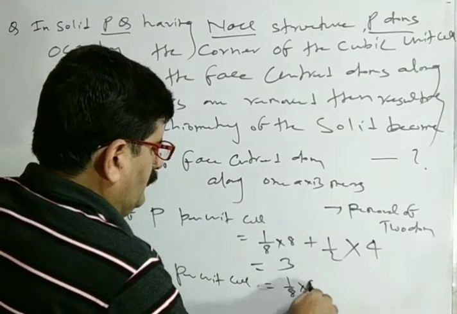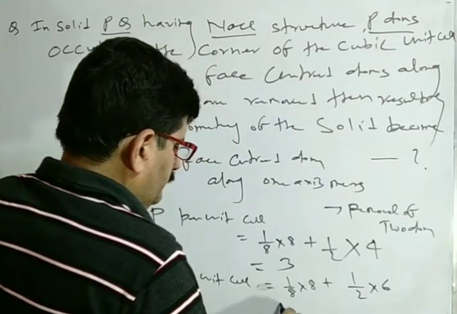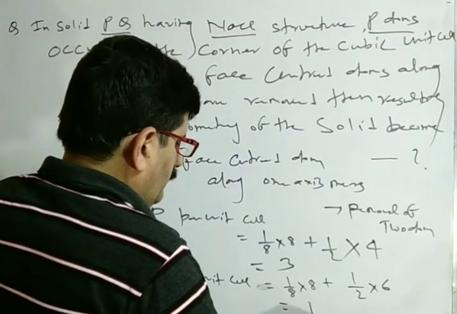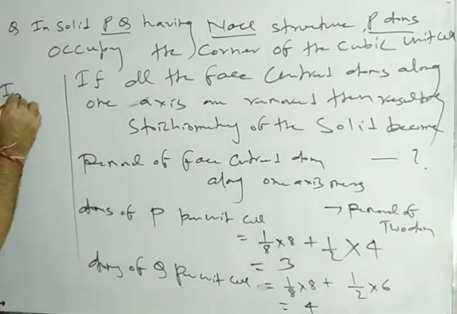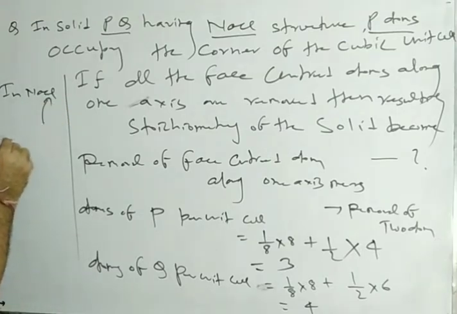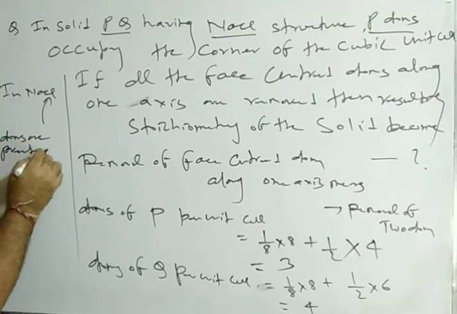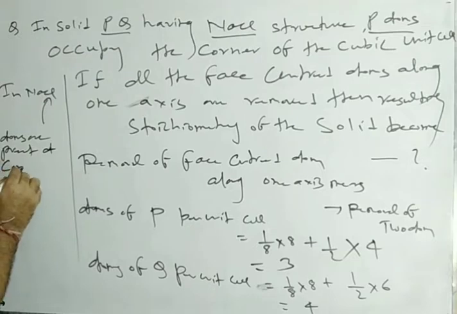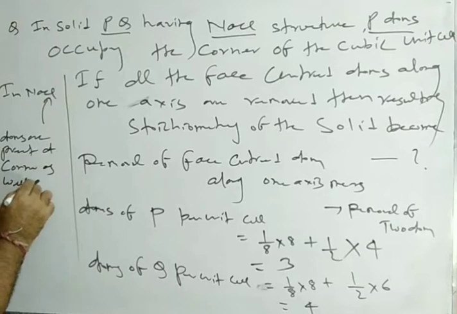1 by 8 into 8 plus 1 by 2 into 6. 1 plus 3 means what? 4. We know that in NaCl, Cl minus arranged, atoms are present at corner as well as face.